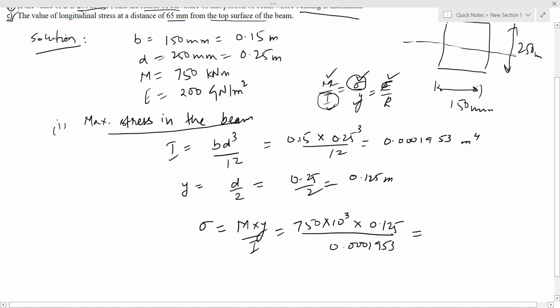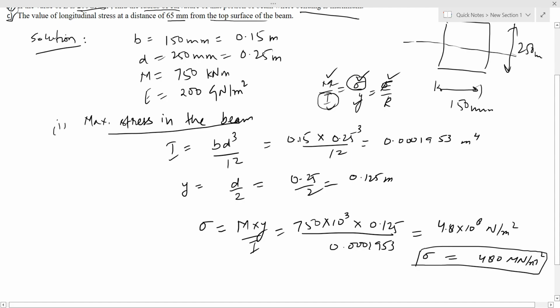So the maximum stress is coming out to be 4.8 into 10 to the power 8 Newton per meter square, or 480 meganewton per meter square. This is the first answer of our numerical.